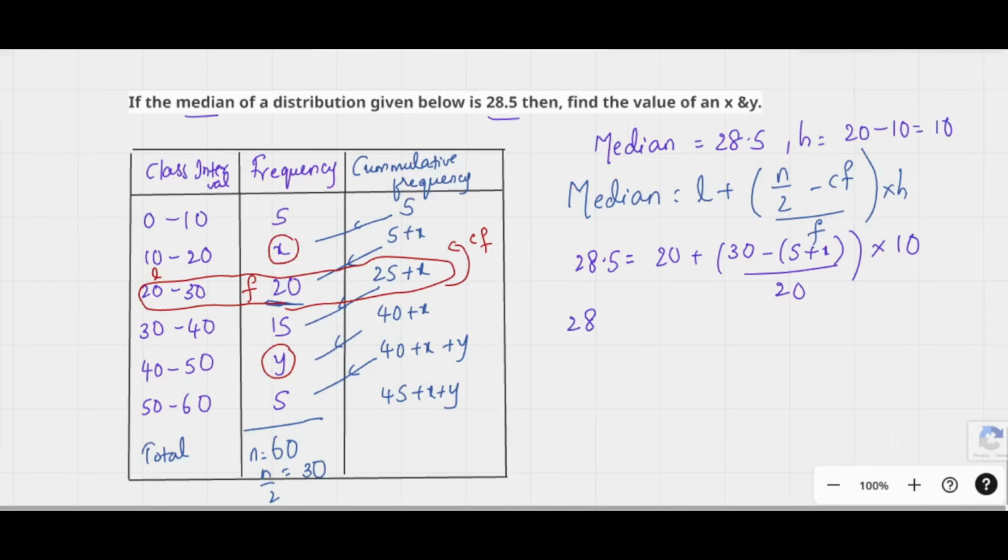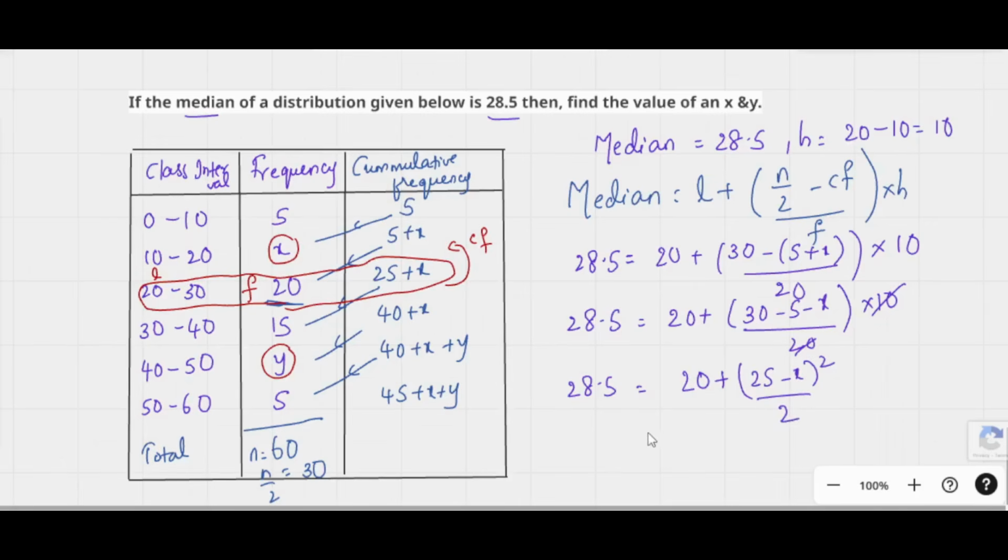So 28.5 is equals to 20 plus 30 minus 5 minus x by 20 into 10. 10 ones, 10 twos. So 28.5, 20 plus 30 minus 5 is how much? 25 minus x divided by 2.